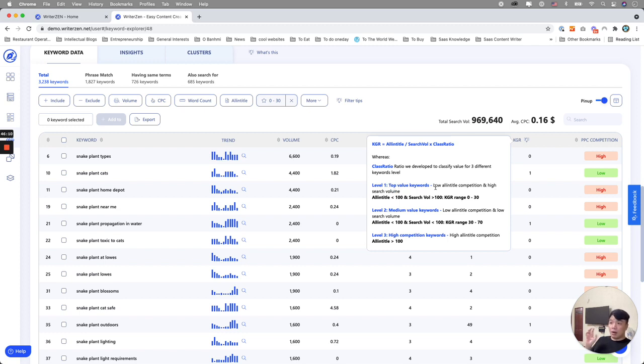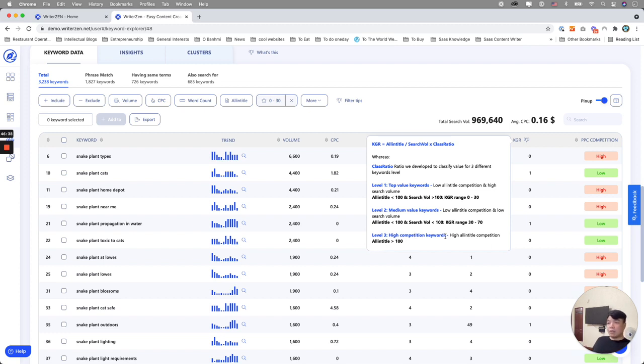They have low allintitle competition and very high search volume. These are the keywords that you could probably rank more easily than the other keywords. The second is medium value keywords, which is from 30 to 70, allintitle less than 100, and search volume less than 100. And the last is high competition keywords, which have allintitle more than 100, right?